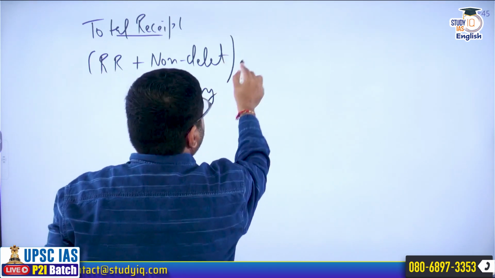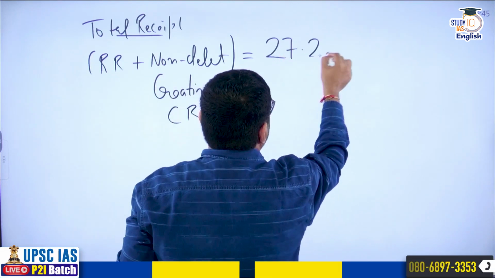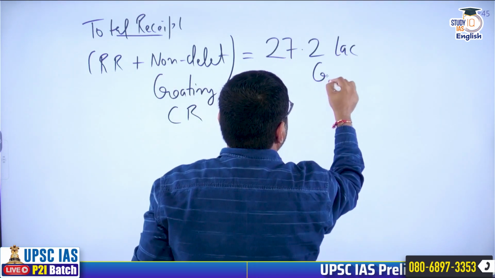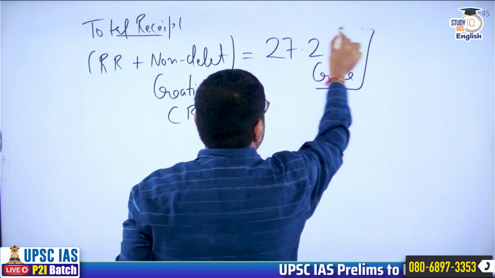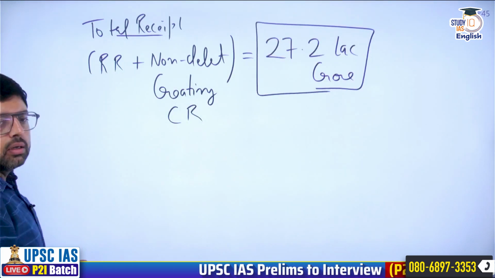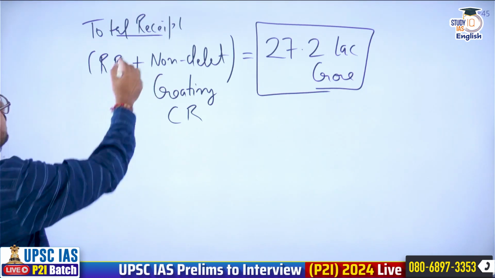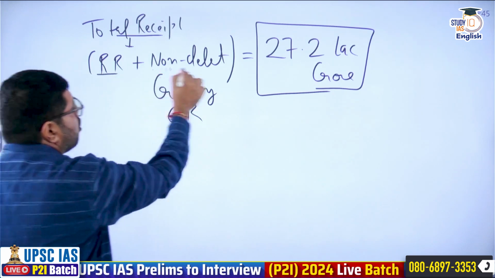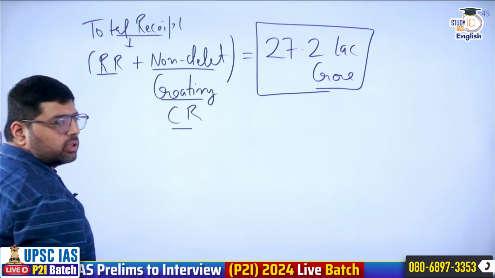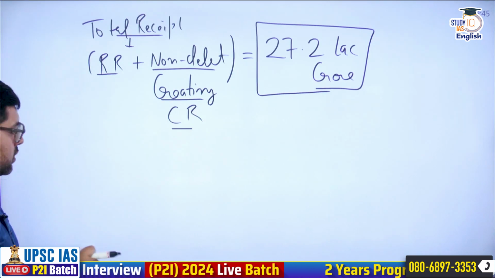That comes out to be around 27.2 lakh crores. So total receipt here means revenue receipt plus non-debt creating capital receipt, and it comes out to be 27.2 lakh crores. This is what you have to first remember.